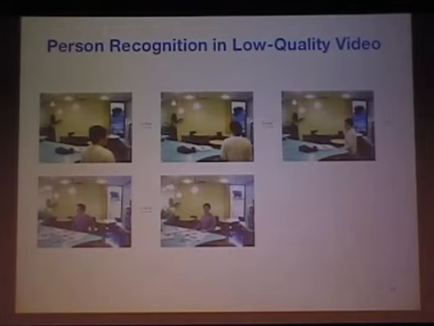Here's another example where we have a video camera in the Coke machine in our lounge at the Carnegie Mellon Computer Science Department. We collected some low quality webcam data of people in the lounge, and we want to do person recognition from this low quality video. The sampling rate is very slow, and we applied this kind of technique.